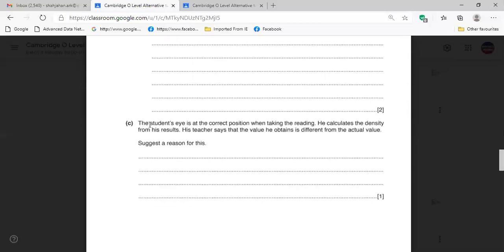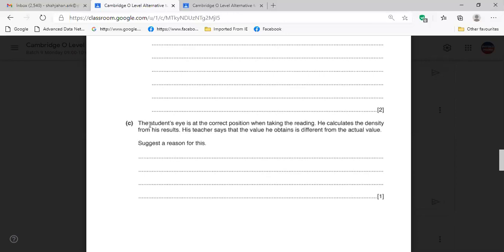We are doing C now. Okay, Abir, you read it. The student's eye is at the correct position when taking the reading. He calculates the density from his results. His teacher says that the value he obtains is different from the actual value. Suggest a reason for this.